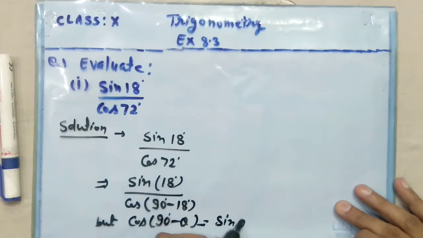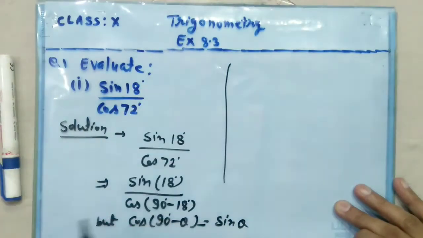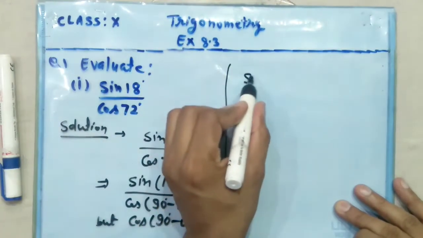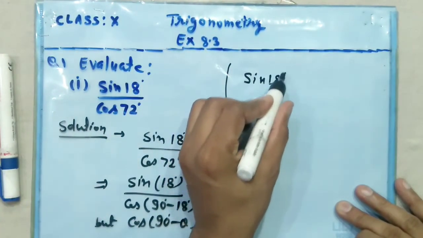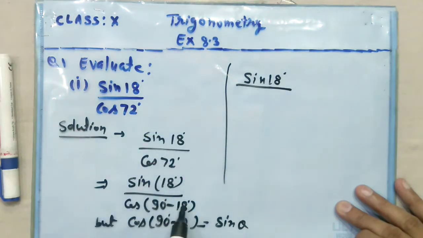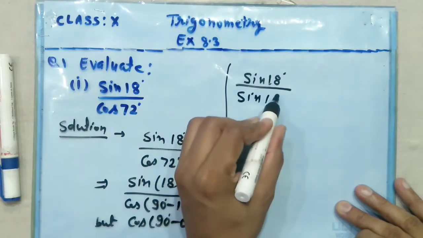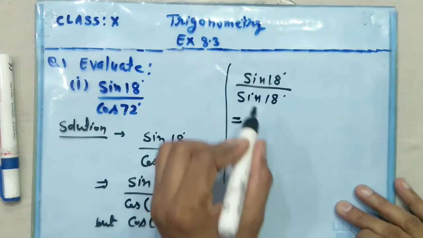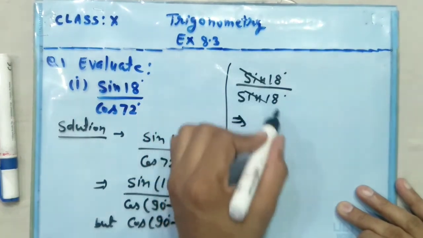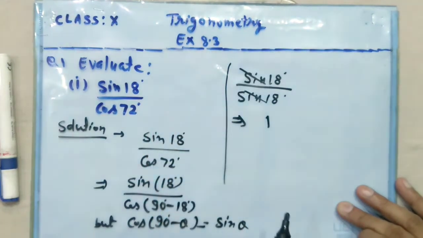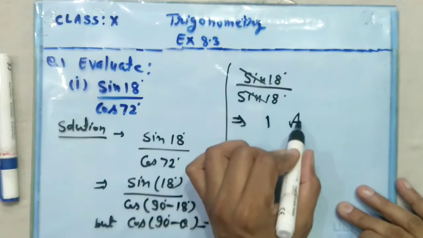Therefore we can write sine 18 degree upon, this cos 90 minus theta will be sine theta, and in place of theta we have 18, so this will be sine 18 degree, and this will get cancelled, so it comes to 1. So this is your answer. It is a very easy question.